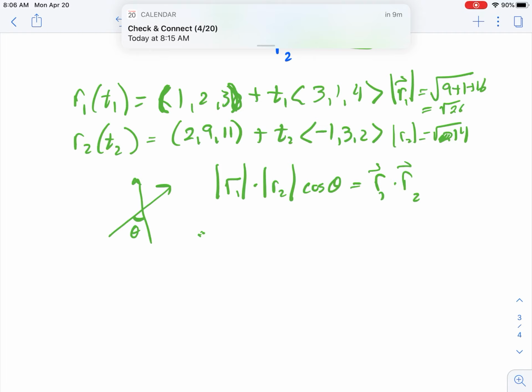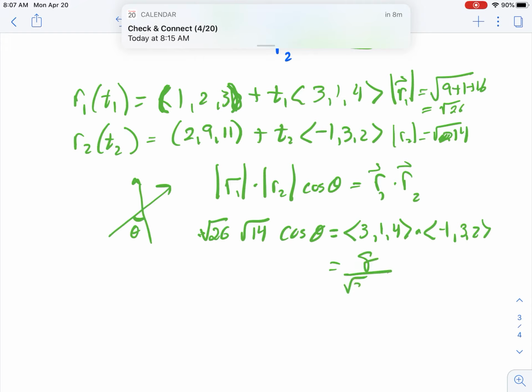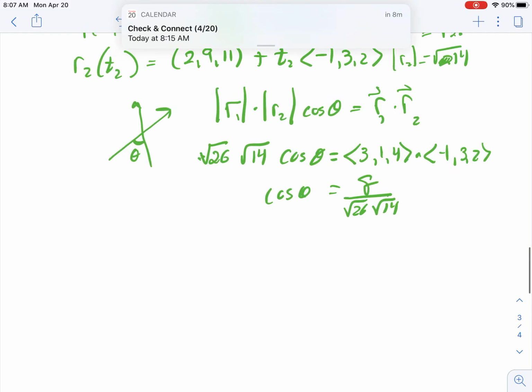So therefore, plugging this in, you have root 26, root 14, cosine of theta. The components you already have, so you have 3, 1, 4 dot -1, 3, 2, which I do believe gives me 8. Divide that by root 26, root 14, and therefore the inverse, so you have right around 65.2 degrees.